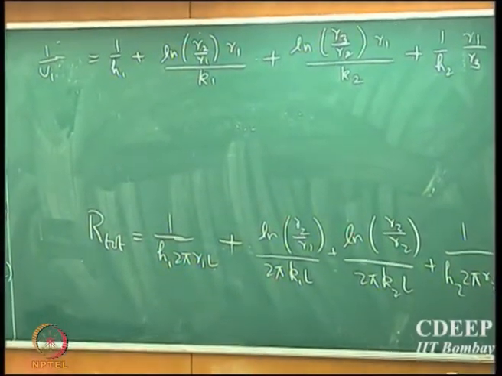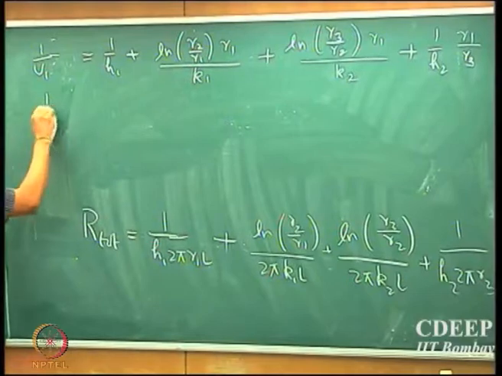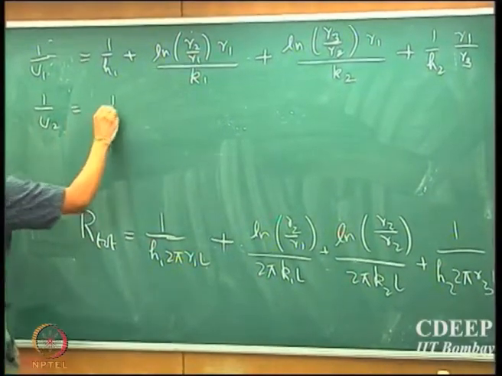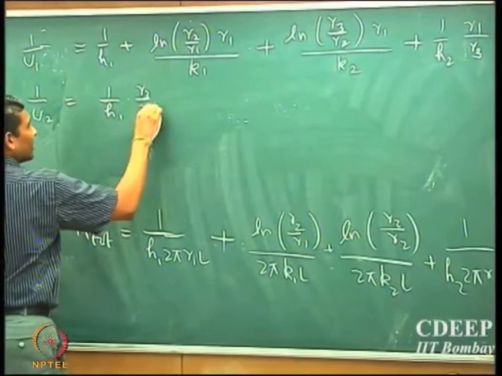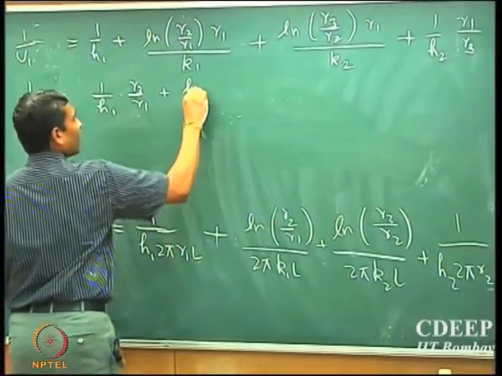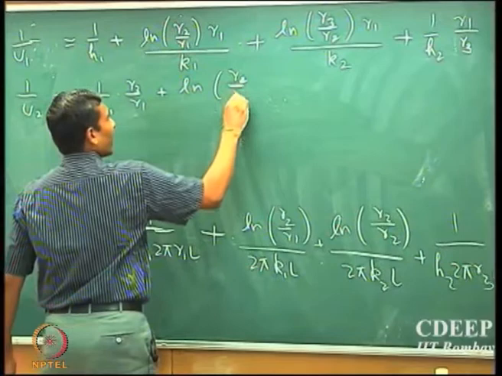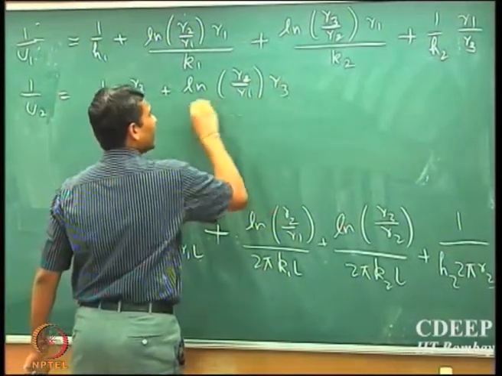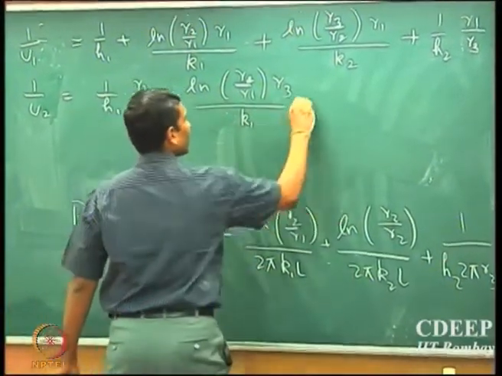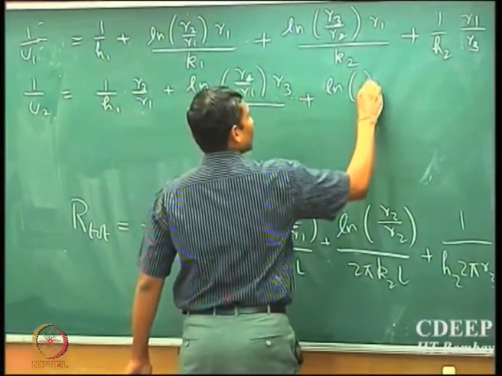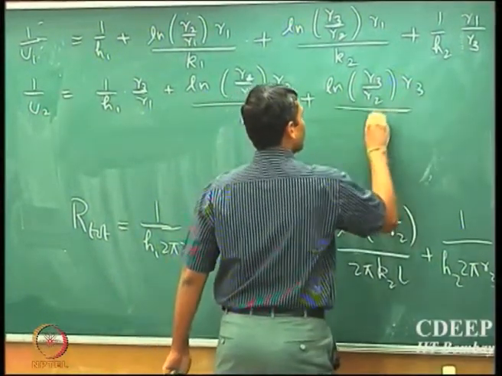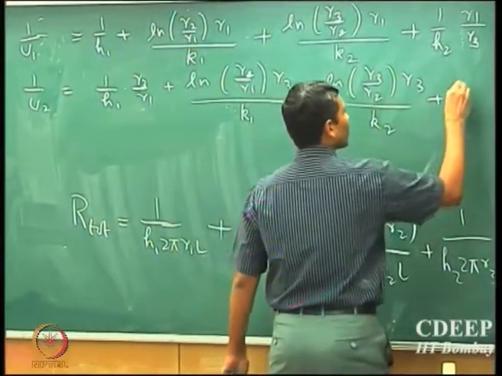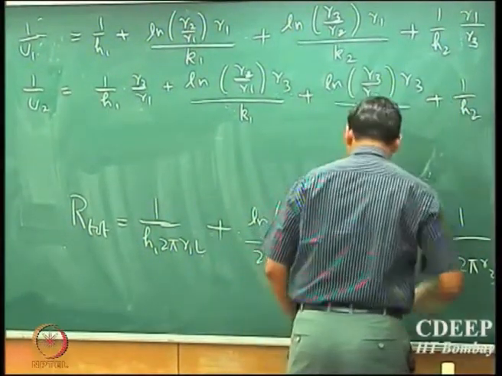Similarly, 1 by U2 will be 1 by H1 into R3 by R1 plus ln R2 by R1 into R3 by K1 plus ln R3 by R2 into R3 by K2 plus 1 by H2.